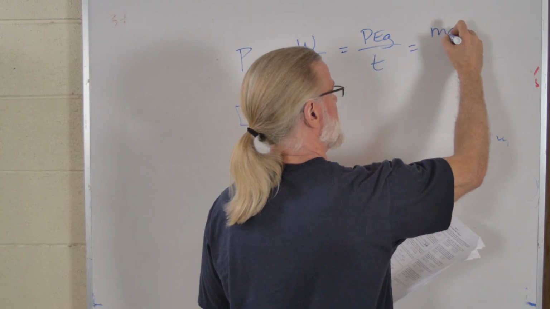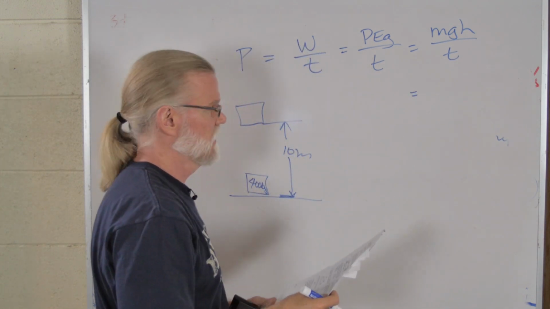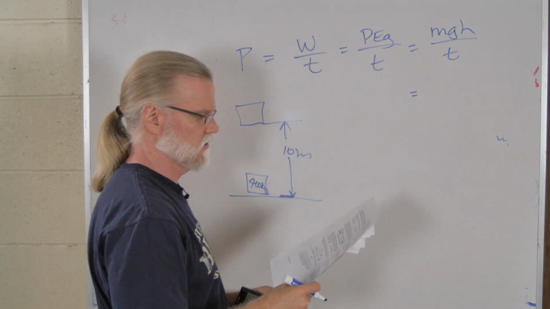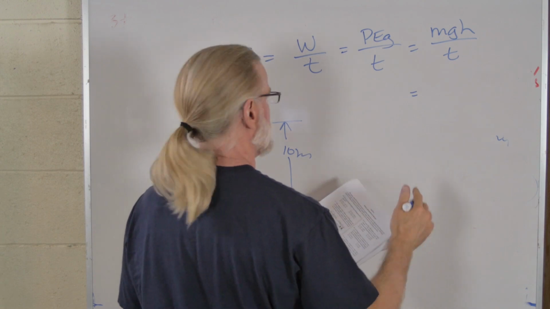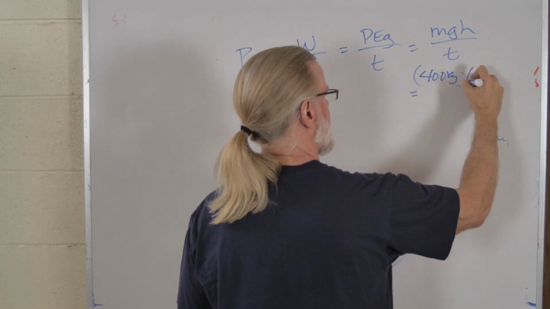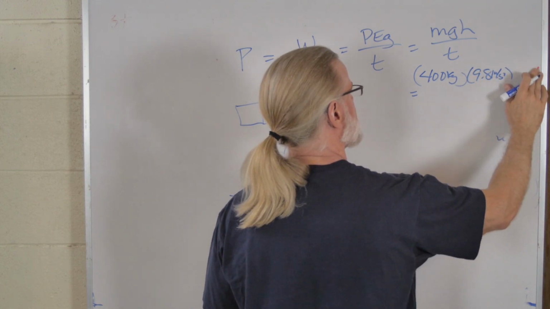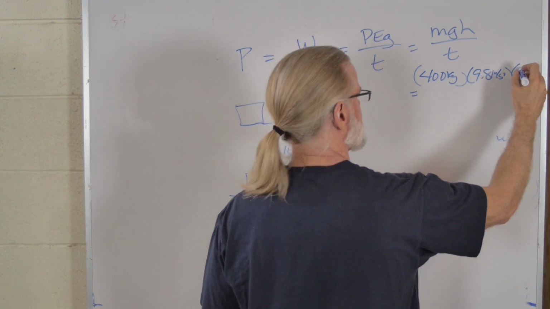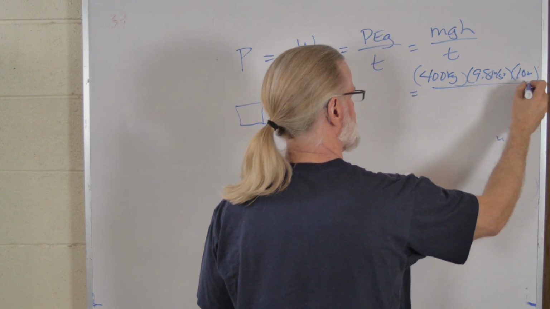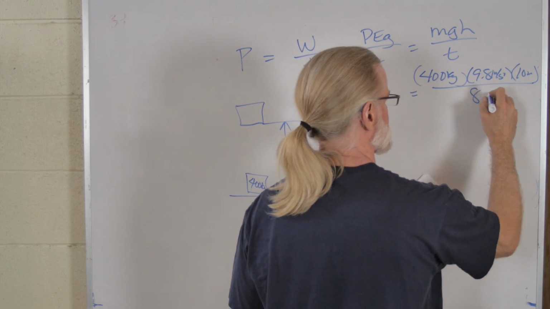But that's just going to be mgh divided by t. And it's actually the change in gravitational potential energy. What do we have? 400 kilograms times 9.81 meters per second squared times the height, which is 10 meters, divided by the time, which is 8 seconds.